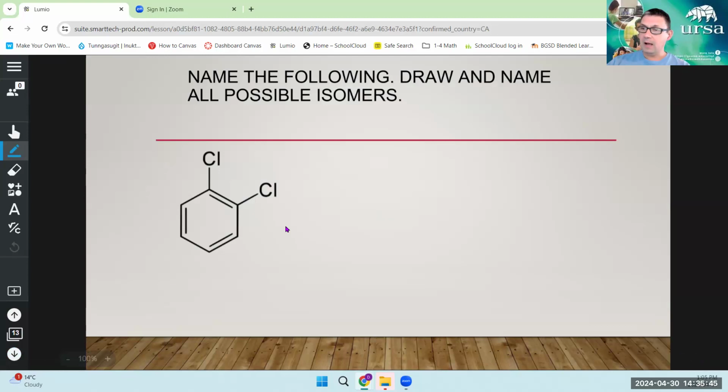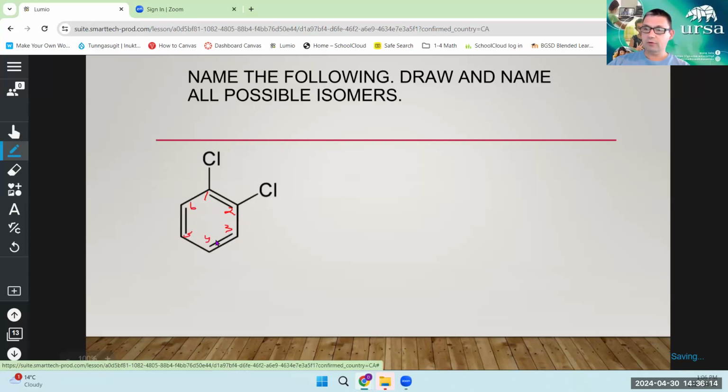How about this one? Sometimes you see this alternating structure. It could be a bit confusing, but let's name this one as if it was a cycloalkene. We number the carbons to give the lowest numbers possible: 1, 2, 3, 4, 5, 6. There are 3 double bonds.